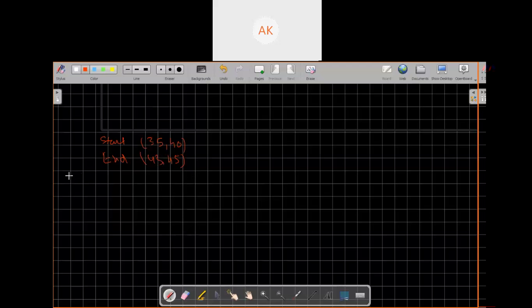So first you will calculate the slope of your line m. m means y2 minus y1 over x2 minus x1, where y2 is 45, y1 is 40, and x2 is 43, x1 is 35, so 5 over 8, which is approximately 0.6, which is less than 1, meaning your m is less than 1.